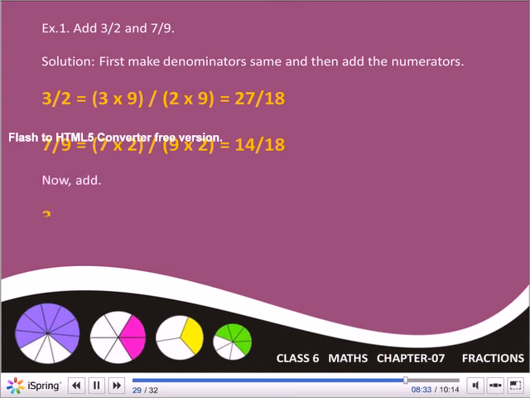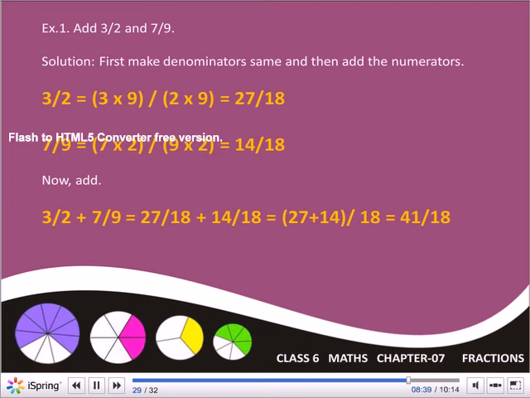Now add 3/2 plus 7/9, which is 27/18 plus 14/18, which is (27 plus 14) divided by 18, equal to 41/18. So, 41/18 is the solution.